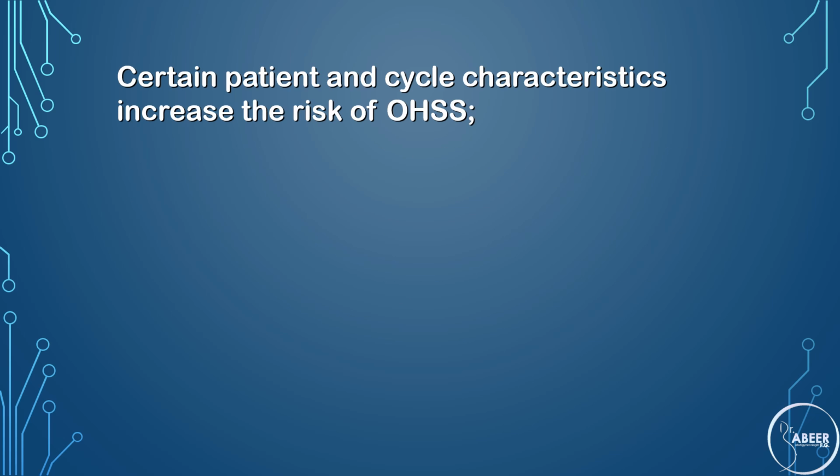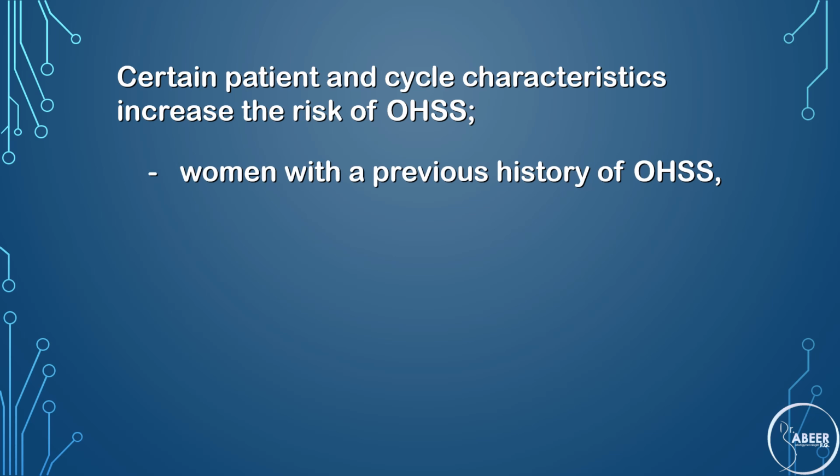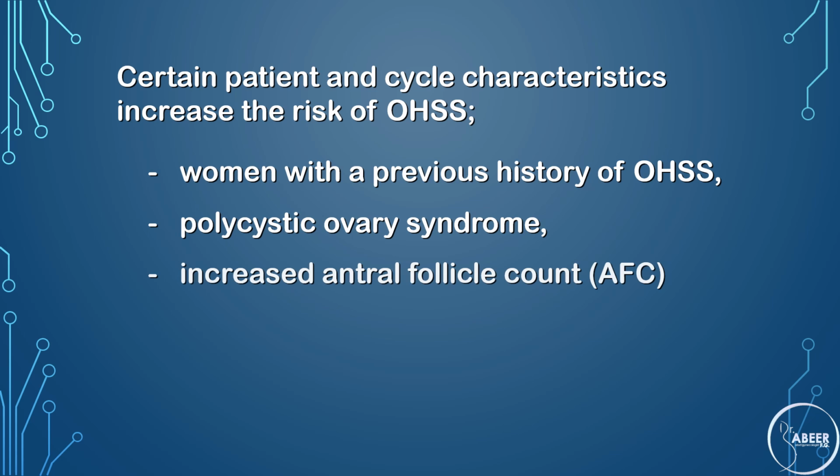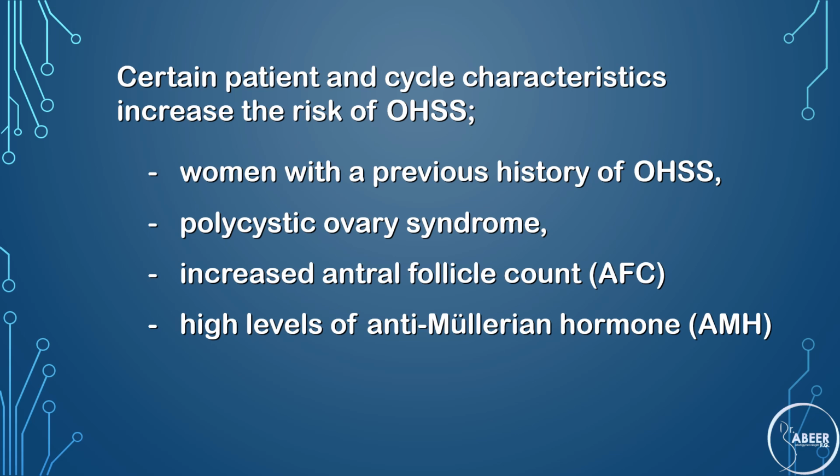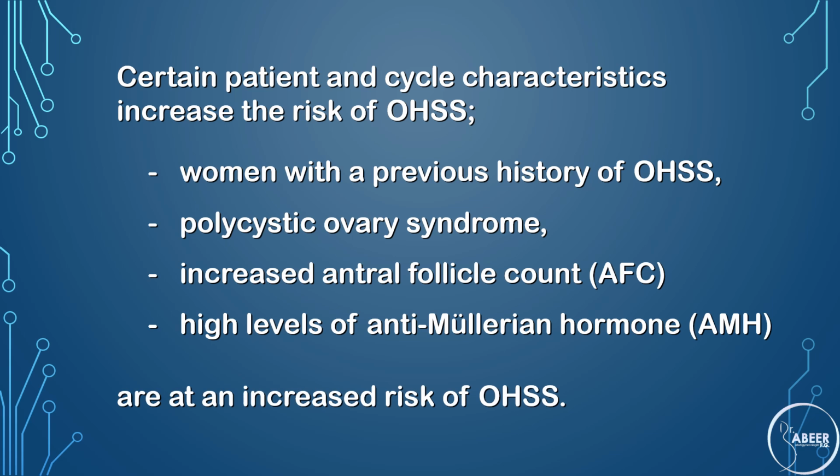Certain patient and cycle characteristics increase the risk of ovarian hyperstimulation syndrome. Women with a previous history of OHSS, polycystic ovary syndrome, increased antral follicle count or AFC, or high levels of anti-Mullerian hormone or AMH are at an increased risk of ovarian hyperstimulation syndrome.